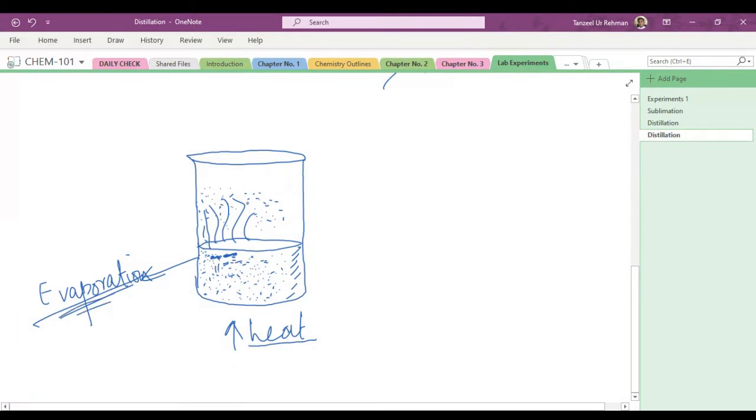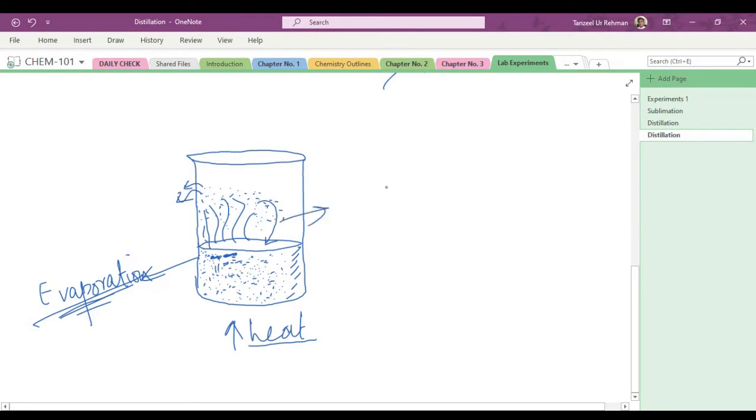Okay friends, after some time what happens? Their kinetic energy that is higher at this position here in this liquid, it decreases because their energy is shifted to the environment. So their energy decreases. Now when their energy decreases, they come back to this surface, this water.